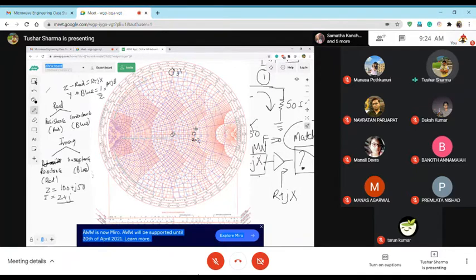So basically what I have to do, I have to move on R equal to 2 circle until it intersects J equal to 1. And J equal to 1, you will see from here. This is J equal to 1. This. So this impedance is 2 plus J. Z1 is equal to 2 plus J.